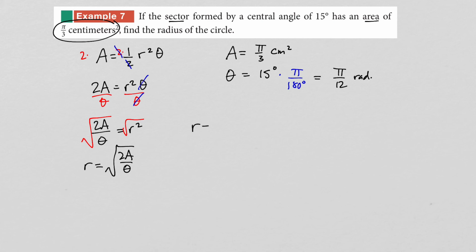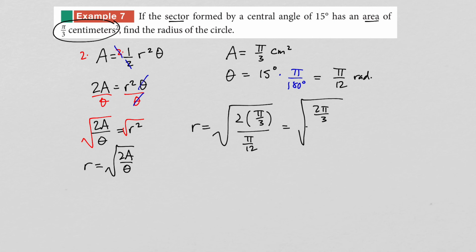So now we can get the radius of the circle by taking the square root of 2 times the area, which is pi over 3, divided by theta, which is pi over 12. This is the square root of 2 pi over 3 divided by pi over 12. And I'm going to flip and multiply. So we have 2 pi over 3.